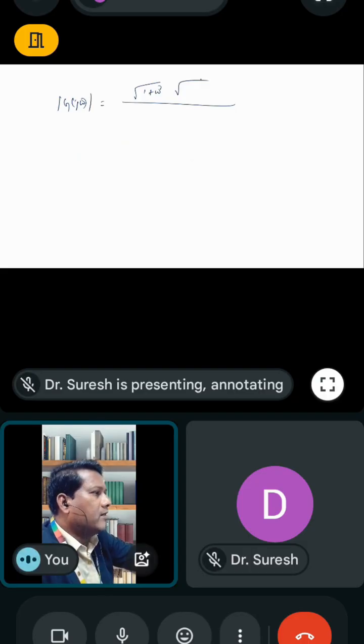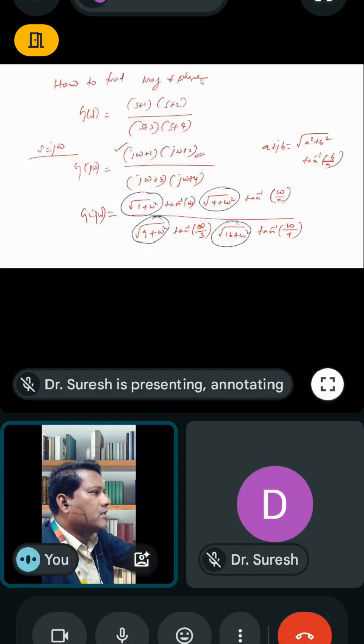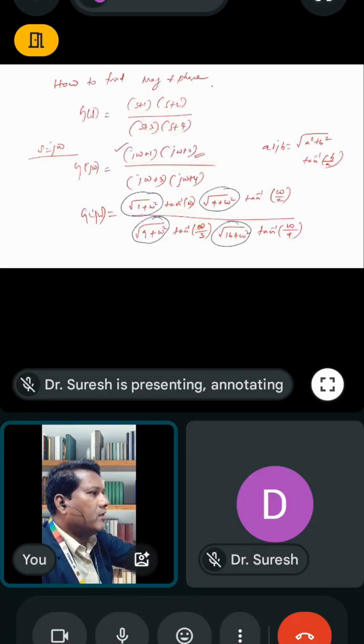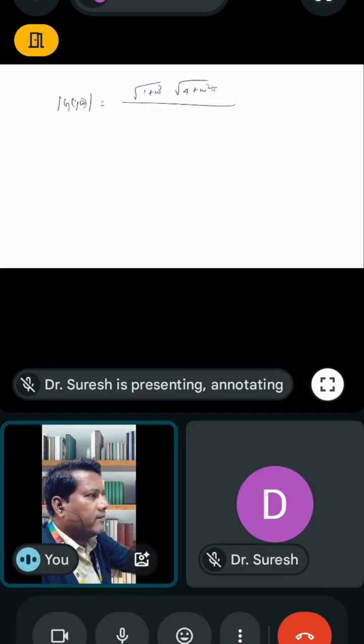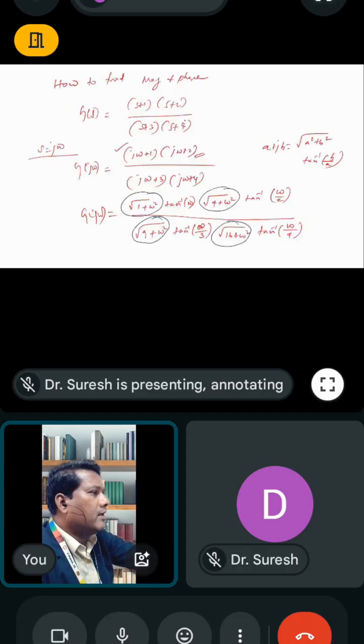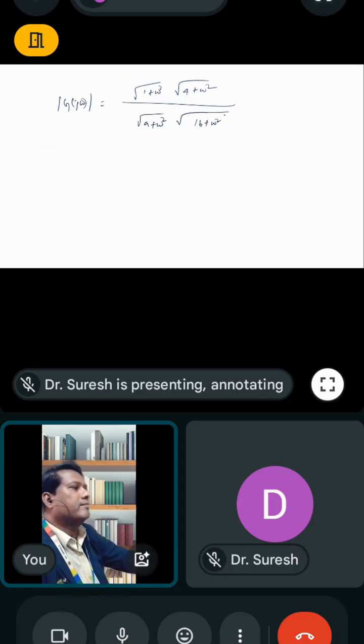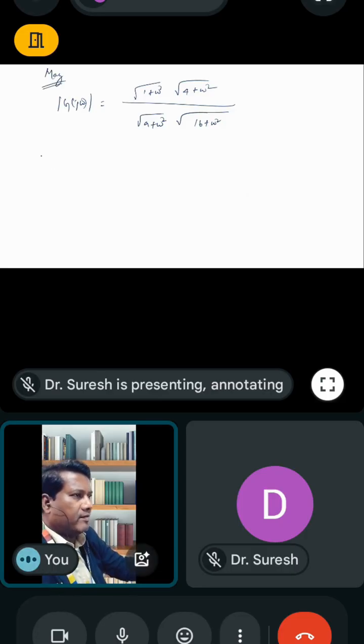Then for the second term, a is 2, b is omega, so 4 plus omega squared. For the denominator first term, a is 3, b is omega, so 9 plus omega squared. Then in the fourth term, it is 16 plus omega squared. So this is the expression for the magnitude of G(j omega).